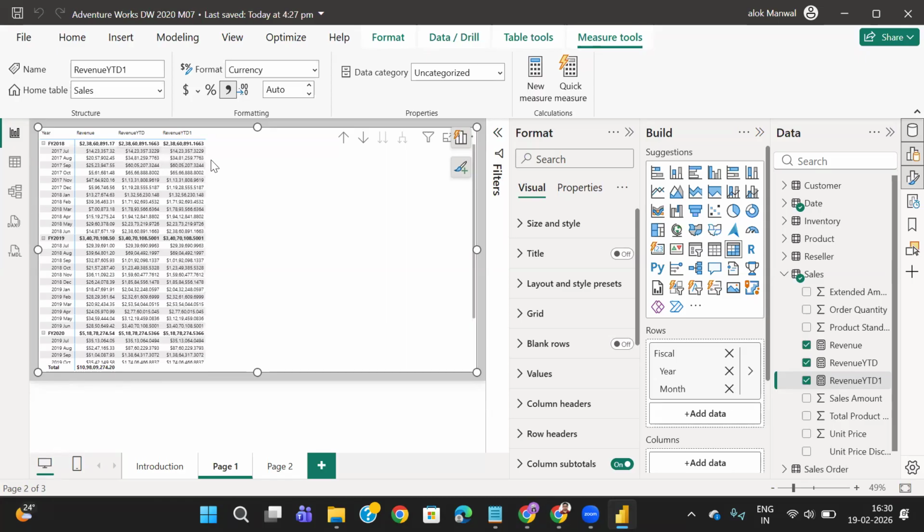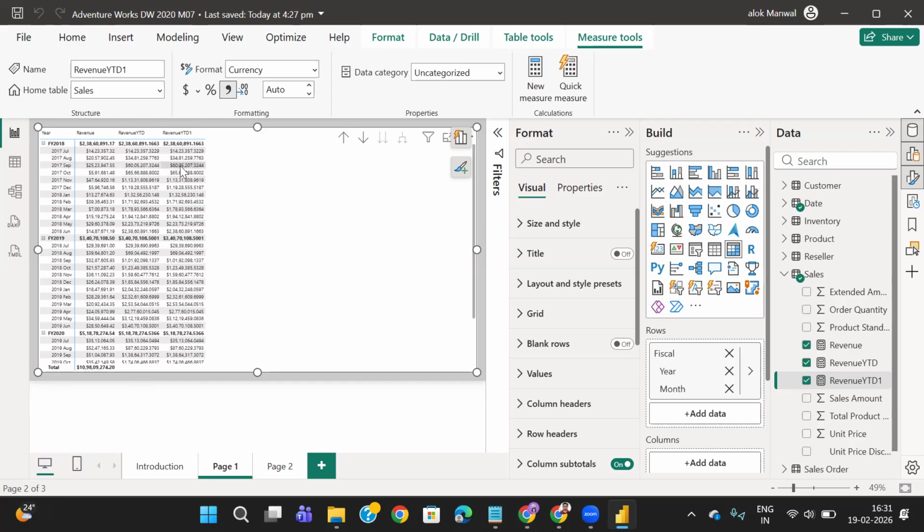But sometimes what our manager asks is, I just want to see the accumulation of 3 months only. I don't want to see the full year data. I don't want to see the running total for the full year. If it's September, I just want to see July plus August plus September.